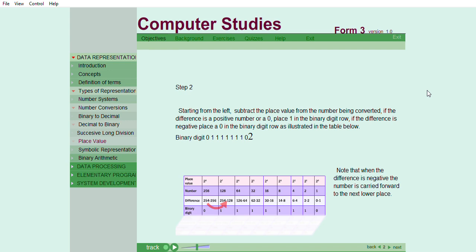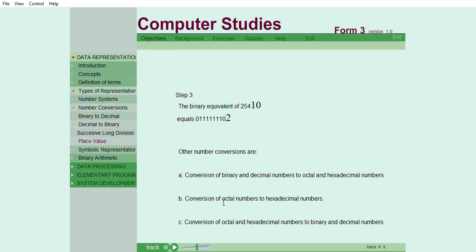Note that when the difference is negative, the number is carried forward to the next lower place. Step 3. The binary equivalent of 254 to the base of 10 equals 0, 1, 1, 1, 1, 1, 1, 1, 0 to the base of 2.